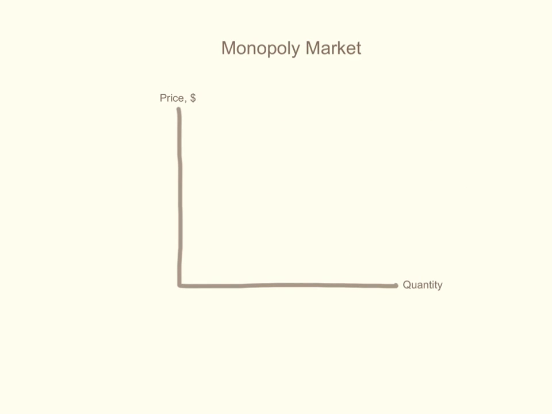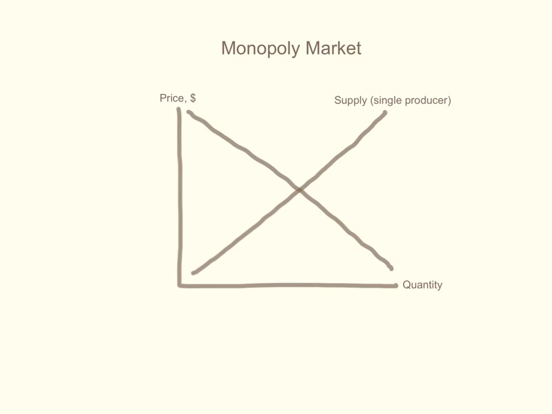In a monopoly market, there's only one producer, so the entire market supply curve is going to be represented by the marginal cost curve of the single producer. Since there's only one producer, this producer, our monopolist, faces the entire market demand for the product. So she provides the product to all the consumers.